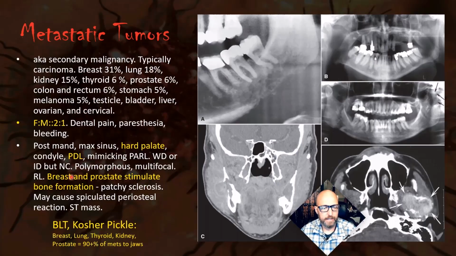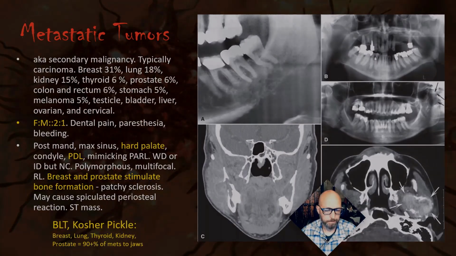But while we're talking about metastases, you should know breast and prostate. So the two gender-specific ones, those are the two that cause opacities as they metastasize into the jaws and other areas. So patchy sclerosis, sometimes the spindle, the sun ray periosteal reaction can be caused by these as well.